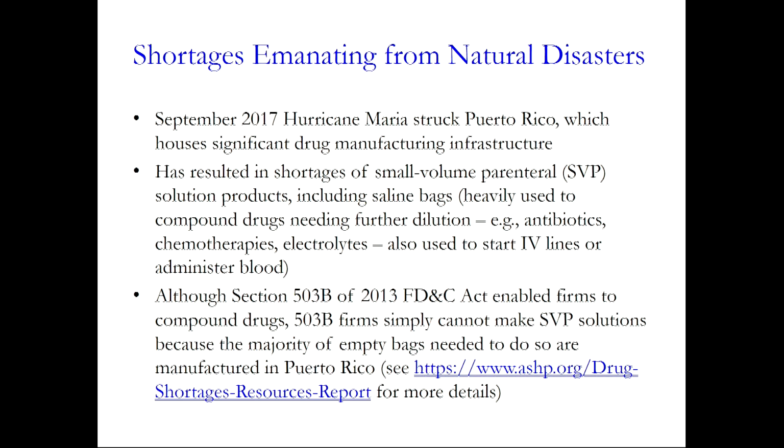And although Section 503B of the amended 2003 Food, Drug, and Cosmetic Act enabled certain firms to compound drugs, the 503B firms in Puerto Rico were not able to make these solutions because the majority of empty bags needed to do so were manufactured in Puerto Rico.